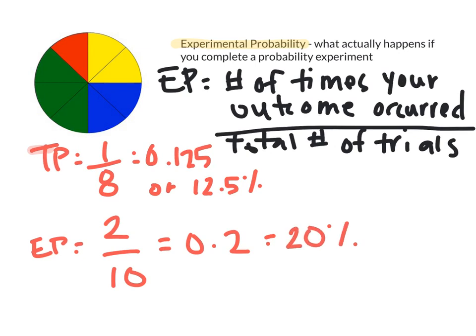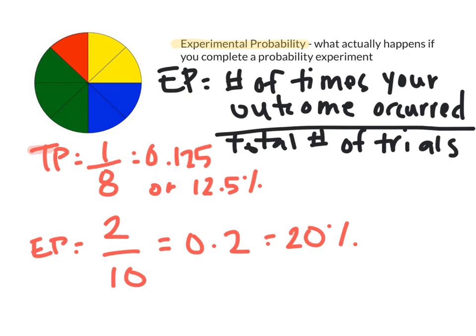We would expect experimental probability to sometimes be a little bit different than the theoretical probability. That's okay, because probability also has an element of chance. Chance means that some things happen that we can't necessarily predict. But if the spinner was a fair spinner, we would expect a percent fairly close to our theoretical probability.